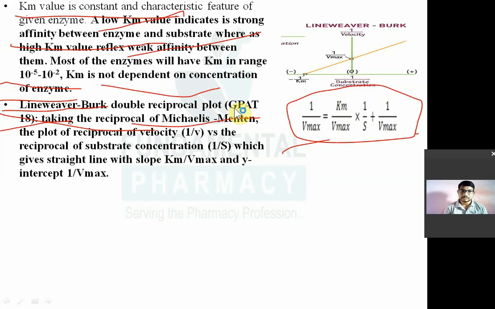So the answer was a Lineweaver-Burk double reciprocal plot. So if you plot a reciprocal of substrate concentration versus reciprocal of maximum velocity, you will get a Lineweaver-Burk plot. You will get a straight line.